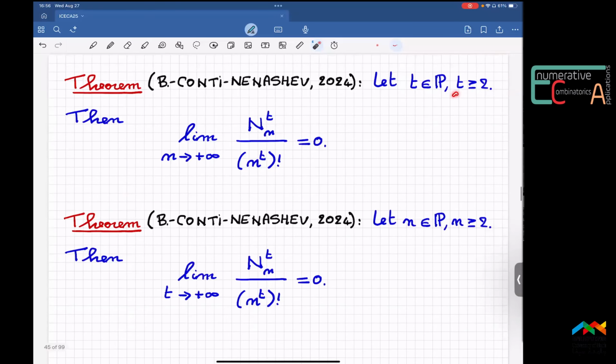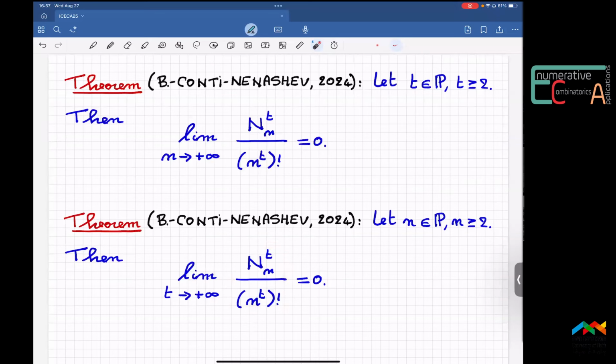So if you fix a t greater or equal to 2, then the ratio of stable permutations over all of them goes to 0 as n goes to infinity. And similarly, if you fix an n greater or equal to 2, then this same ratio goes to 0 as t goes to infinity.